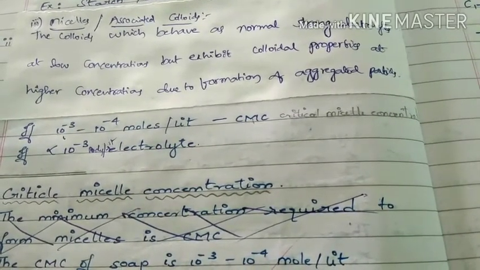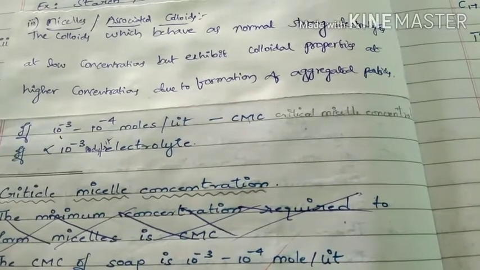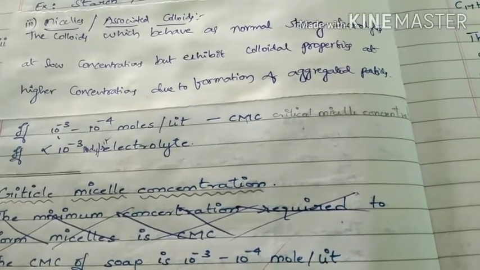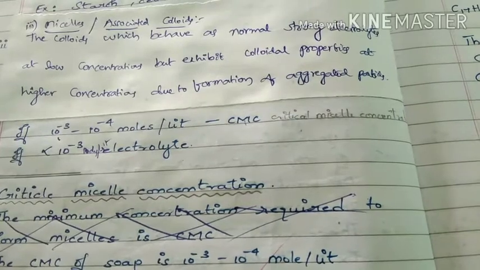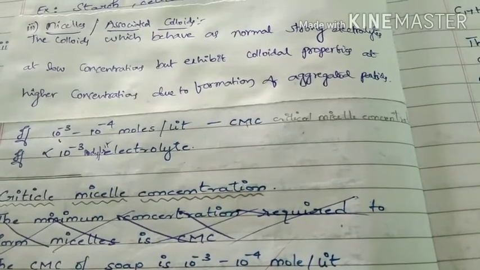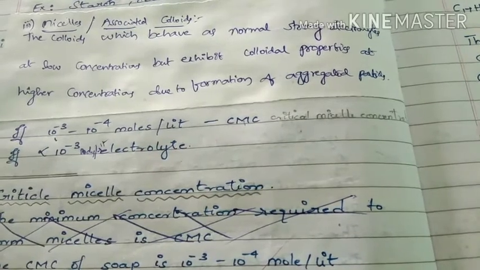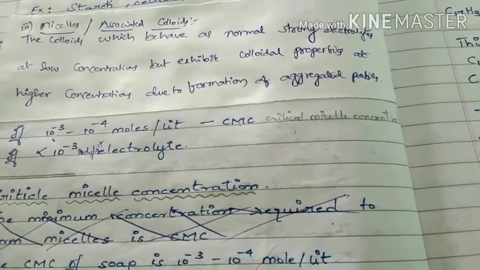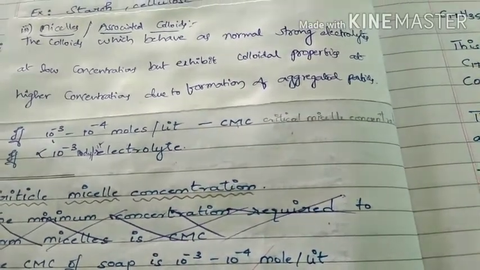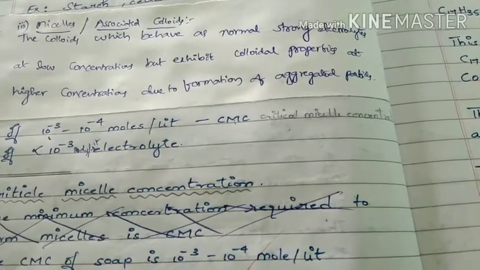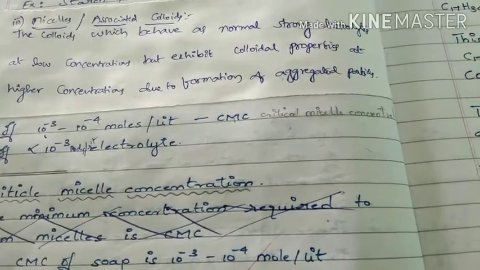If concentration is more than 10 to the power of minus 3, then only that soap acts as what? Colloidal solution. Why? If concentration is more than 10 to the power of minus 3, that means more number of particles are there. If more number of particles are there, then automatically those particles become aggregate.